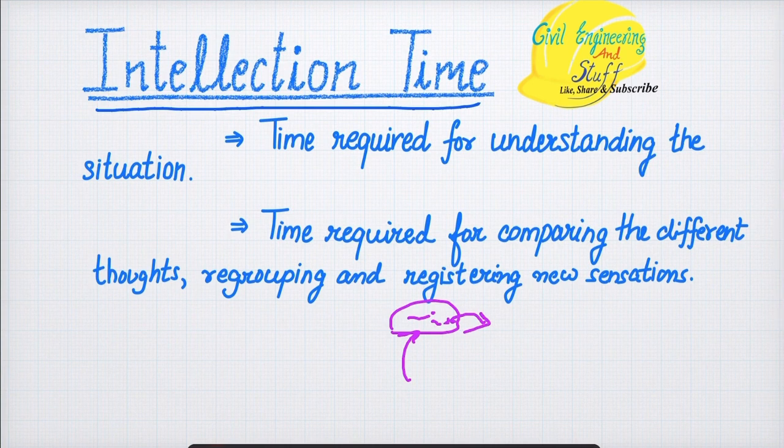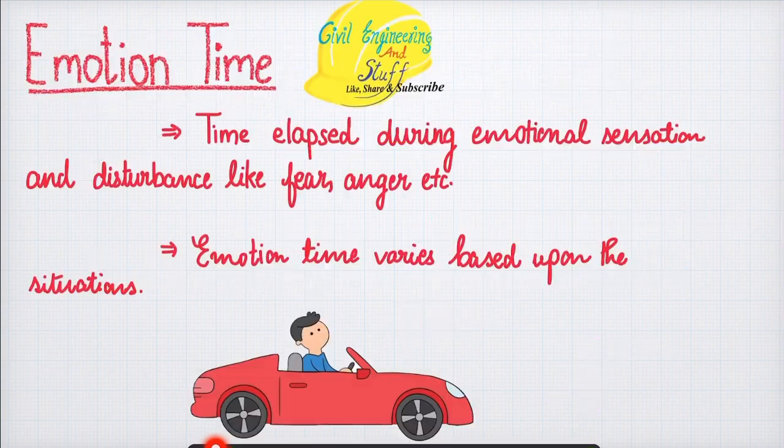It assesses the severity of the situation, how serious it is, how lethal it can be, and what options are available in front of the driver to mitigate that situation. So that small amount of time where the brain takes the data, understands the situation, and tries to formulate a strategy is what we call the intellection time.